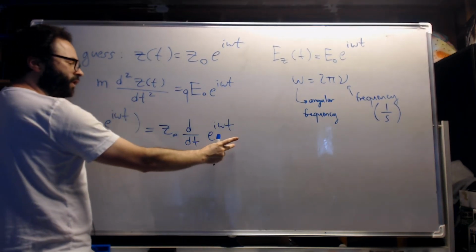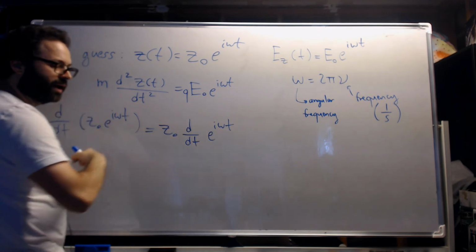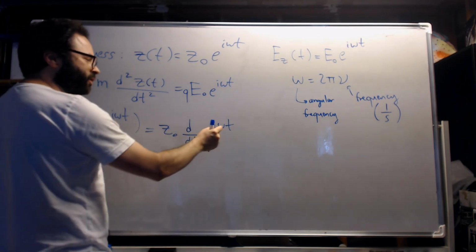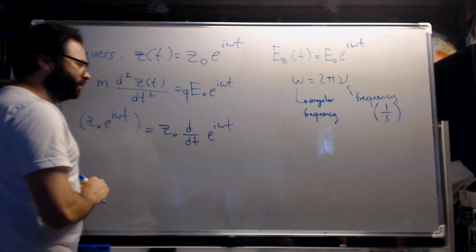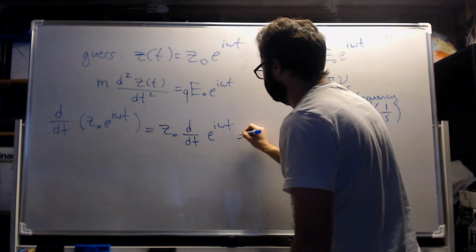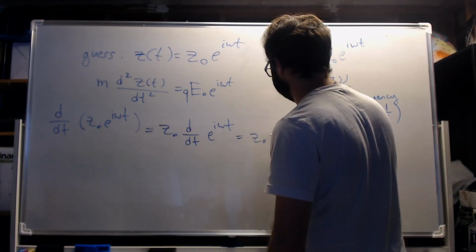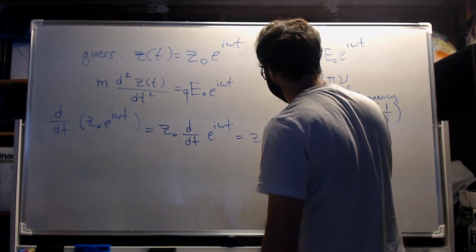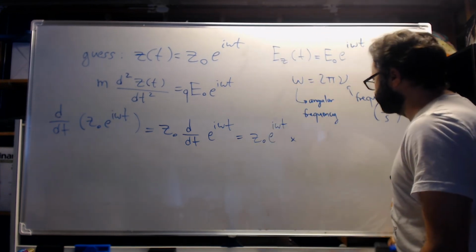What's the derivative of the exponential? It's the exponential function back, and by the chain rule, times the derivative of the inside function.